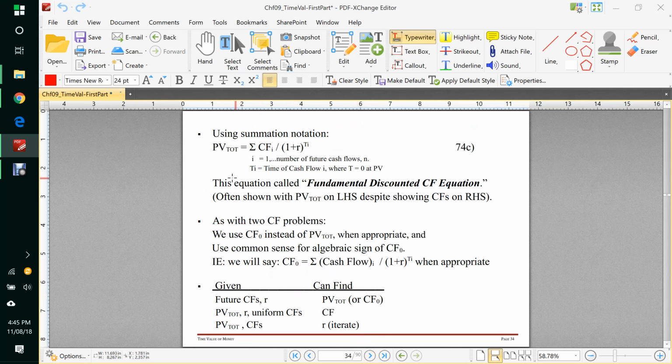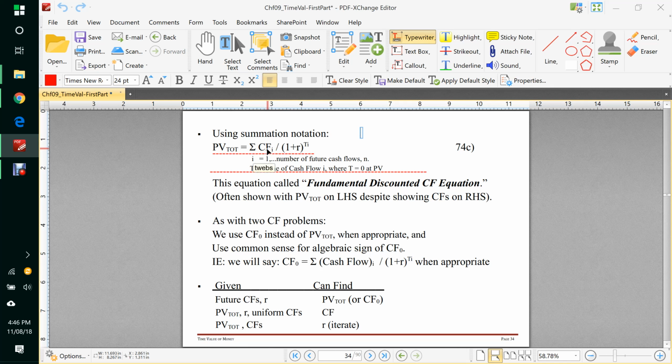And now we can apply summation notation to this idea and get a pretty elegant formula. So the total present value of a set of future cash flows is equal to every future cash flow in the set, first individually present valued, brought back to its equivalent at t equals 0, and then added up.